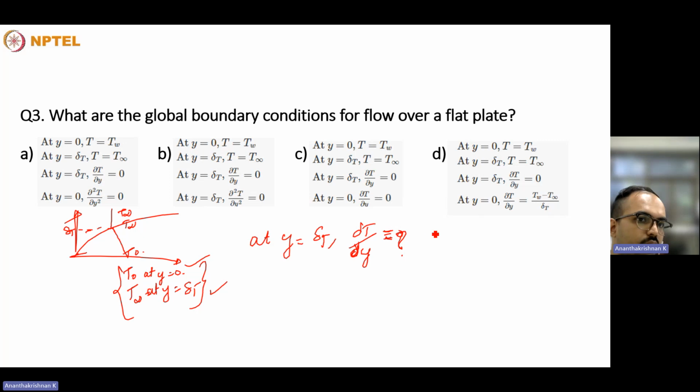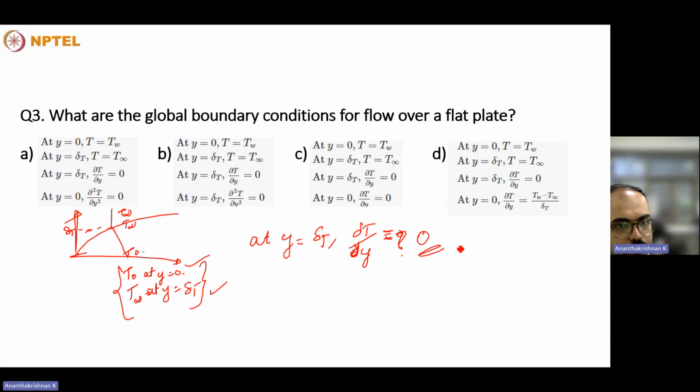Will it be 0 or will it be a constant value? Far away from the wall, at the thermal boundary layer thickness, the temperature variation drops, so it will be almost equal to T infinity at this point. So we could write that at y equal to delta T, dou T by dou y is equal to 0. That will form the third boundary condition.